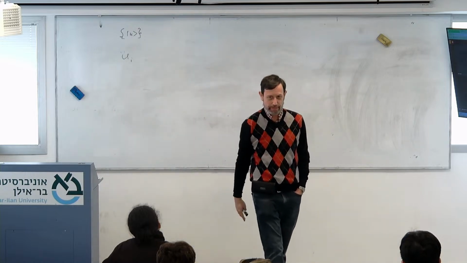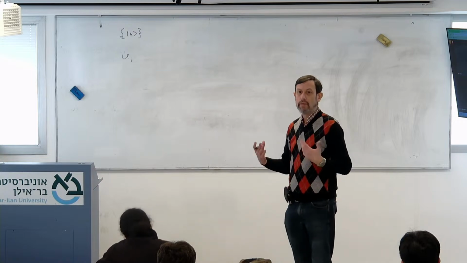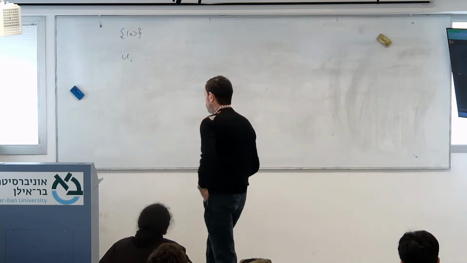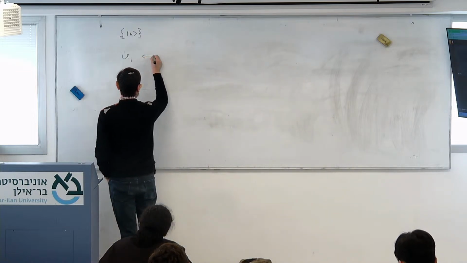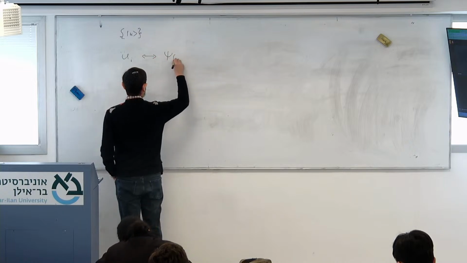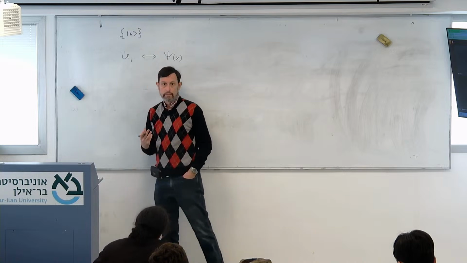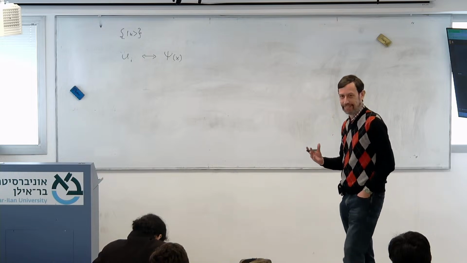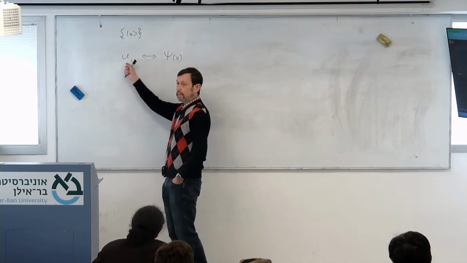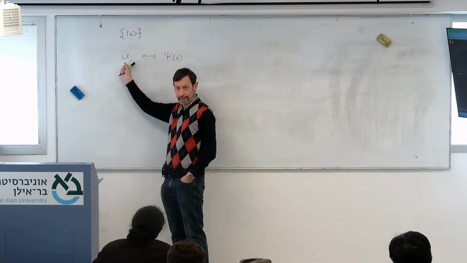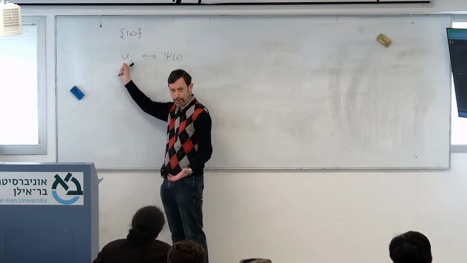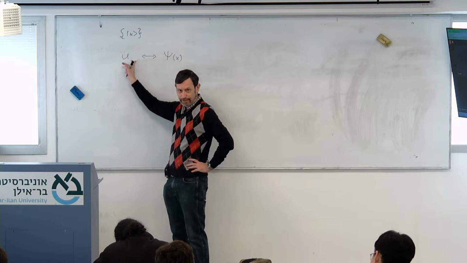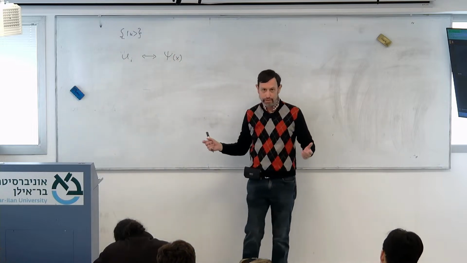Now I want this I to be continuous. This does the same function. X is some number that I feed in and ask what is the number I get for it. The only difference, this was discrete, natural numbers. This is any real number.